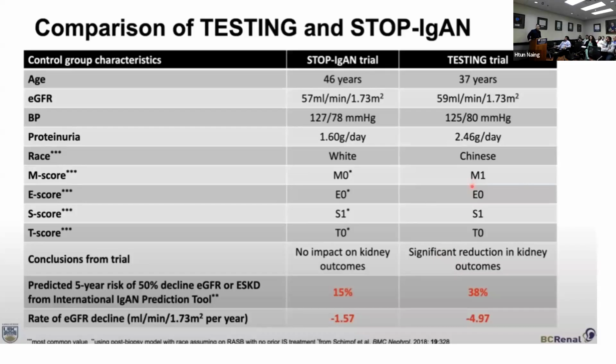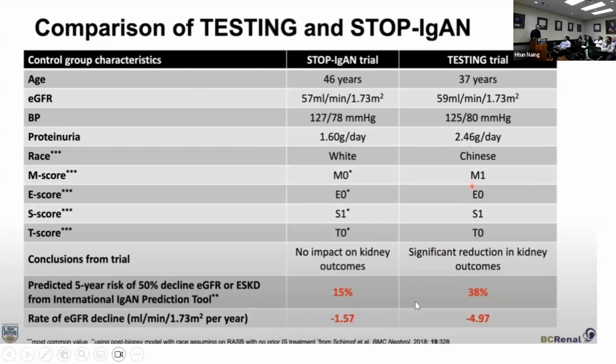Most of them are Chinese, and on the MEST score they are M1, S1, but in STOP-IgA they are M0, all except S1. If you use the IgAN prediction tool, the risk of progression in STOP-IgA is only 15%, but in the TESTING trial it is 38%. So in the TESTING trial, people are sicker compared to STOP-IgA.